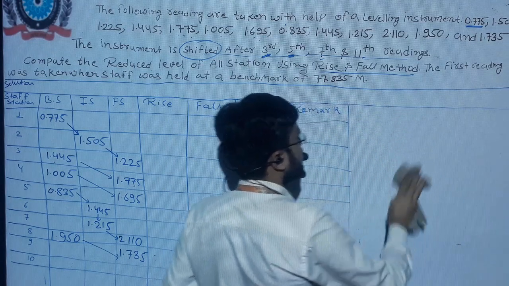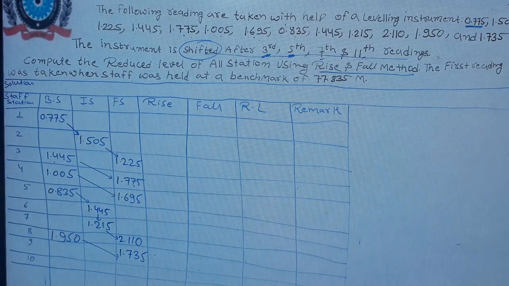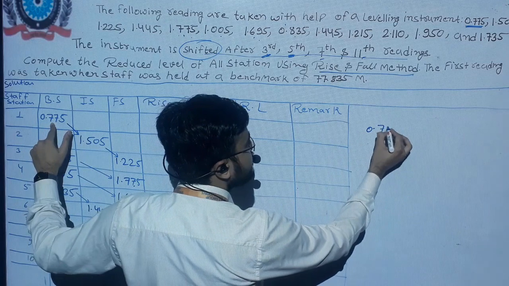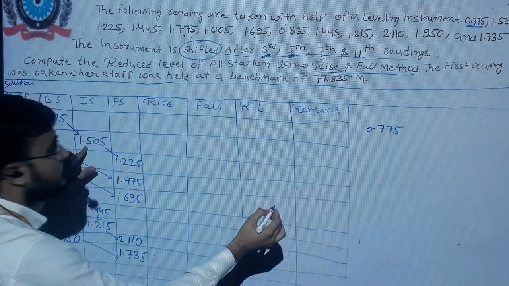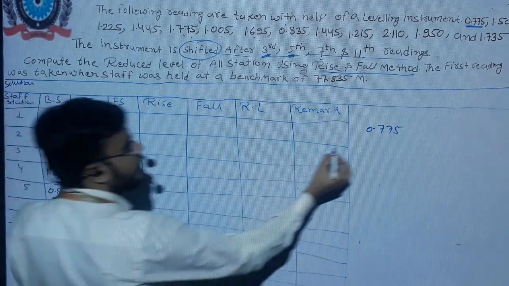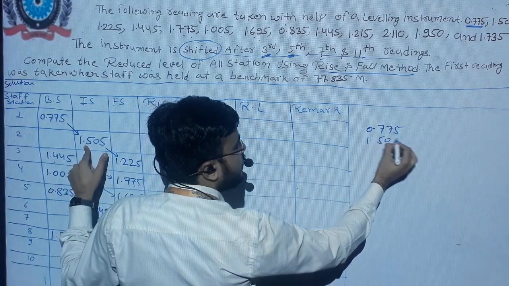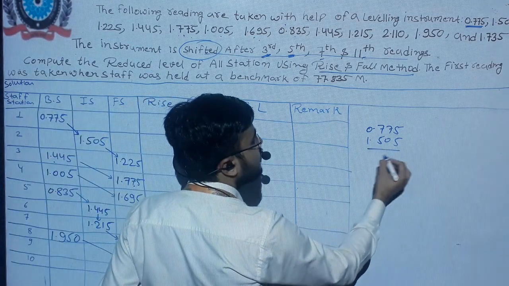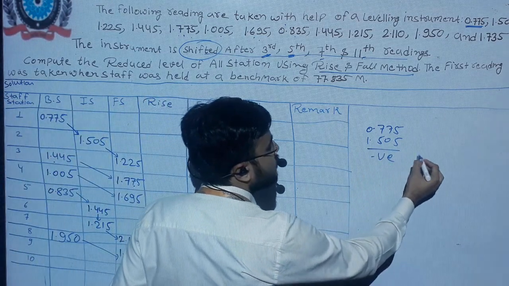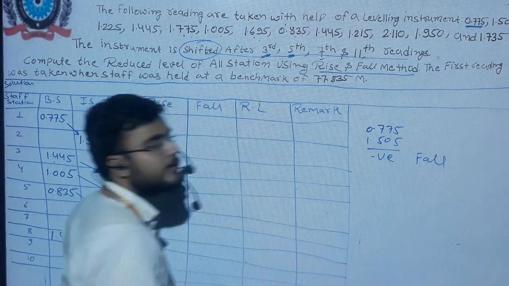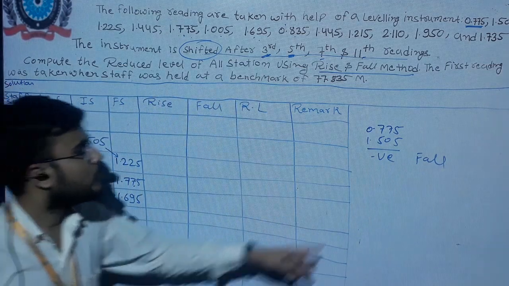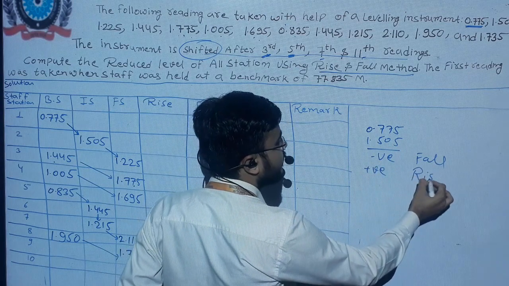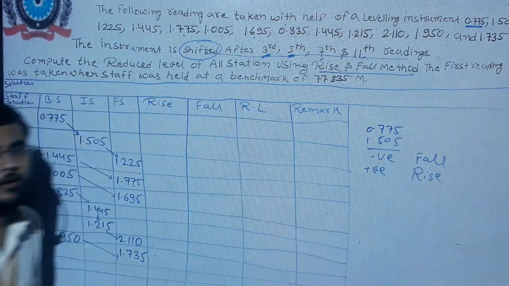So if I am subtracting 0.775 minus 1.505, we all know the difference will be negative. So we will write the value in the fall column. If the value is positive, it will be written in the rise column.